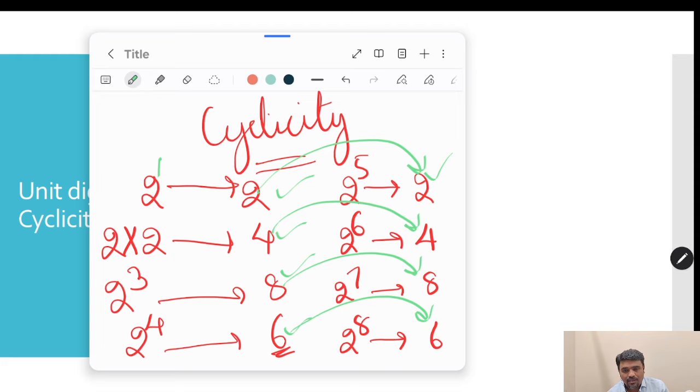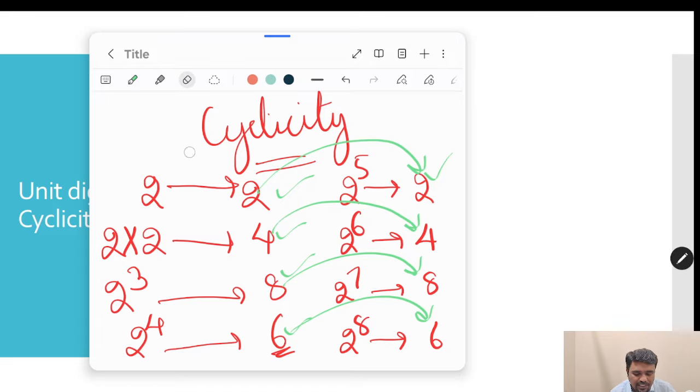That means in case of 2 powers, the unit place is following a pattern. That pattern is cyclicity of 4. That means once 4 terms are completed, the fifth is once again repeated. So this is the cyclicity of the power of 2 in case of unit place.